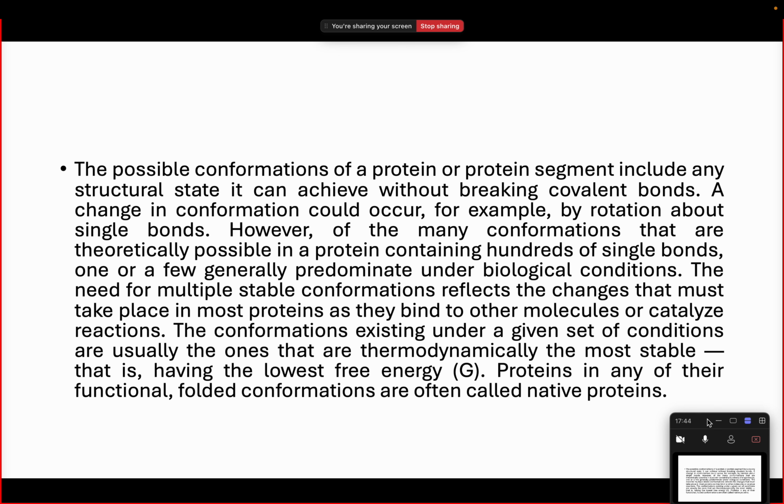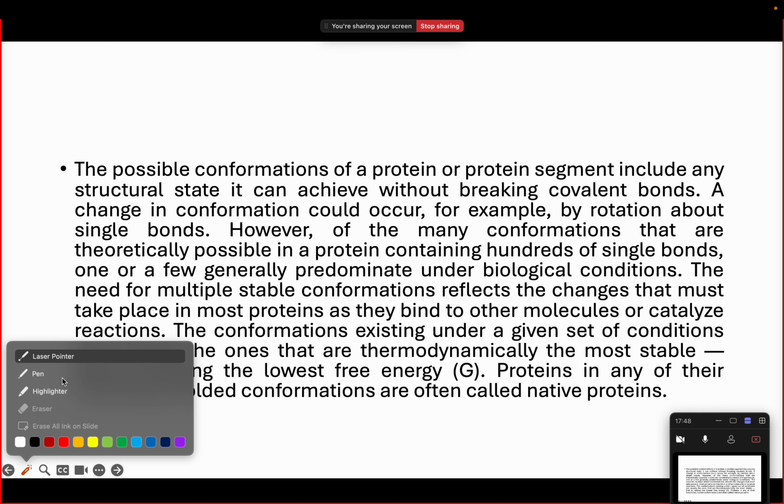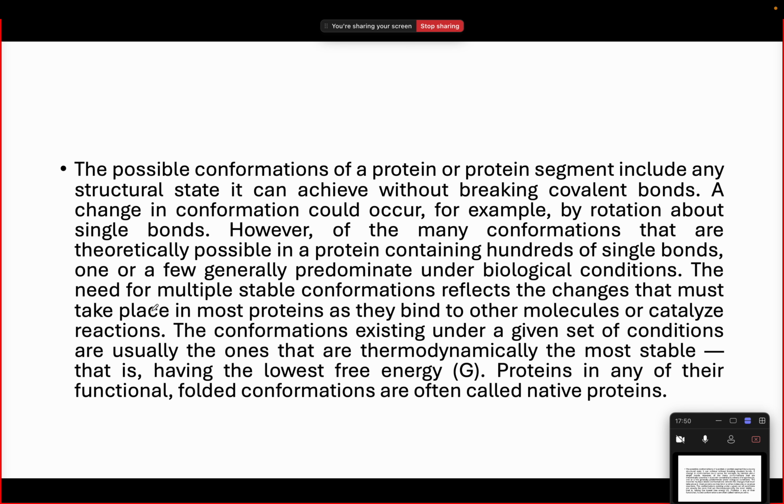Yeah, so this is a very important line, because if theoretically we are saying that single bonds, both phi and psi, can freely rotate, right, without breaking, indicating that there will be an infinite number of possibilities or arrangements, right? Theoretically it will be possible, hence an infinite number of conformations should exist for the protein also, correct?